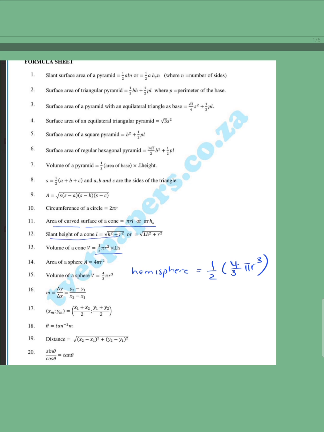Just underneath is the formula for the slant height: L equals the square root of perpendicular height squared plus r squared. The perpendicular height of the cone is 25, squared, and r is 24, squared. All right, let's leave it there for now.